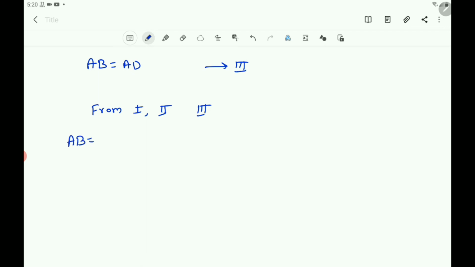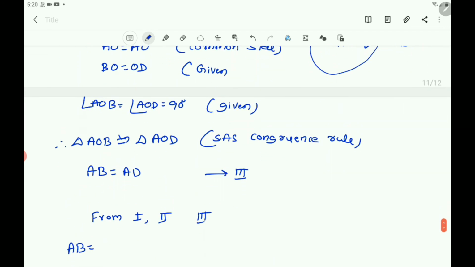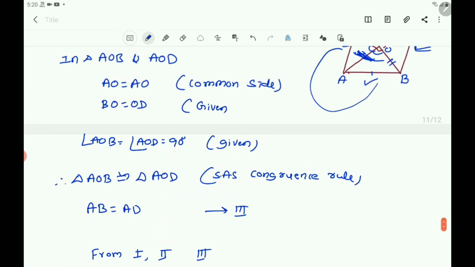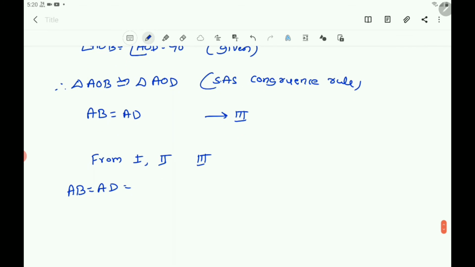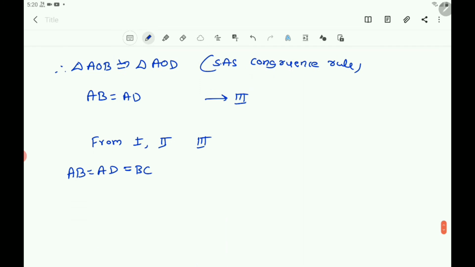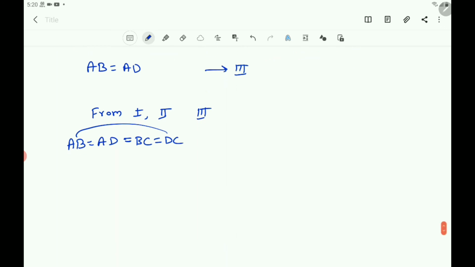AB is equal to AD is equal to also BC, and AB is equal to what? DC. AB is equal to DC. So you can write, therefore, ABCD is a rhombus.